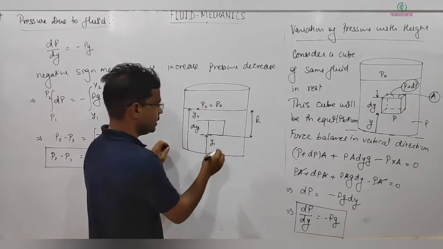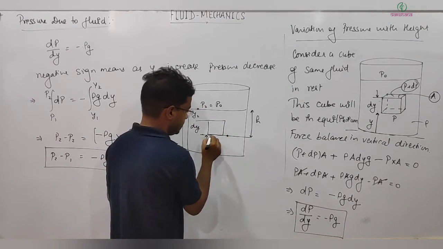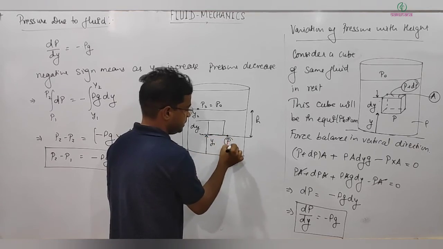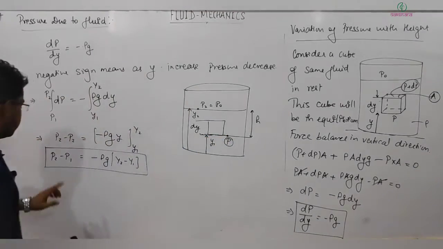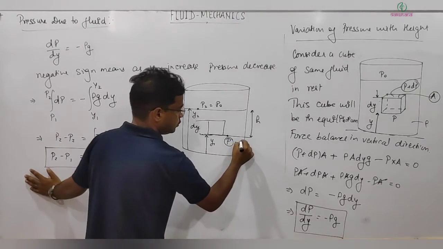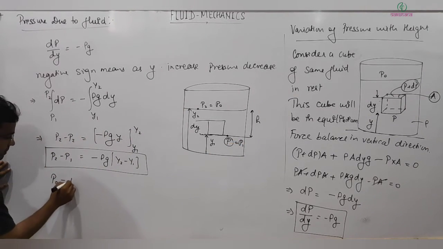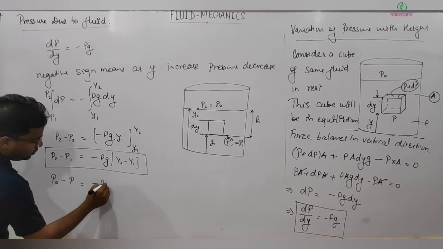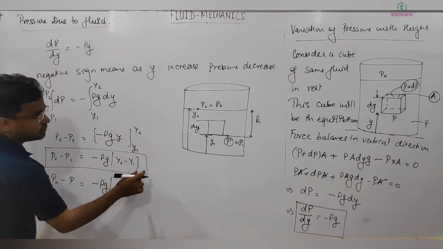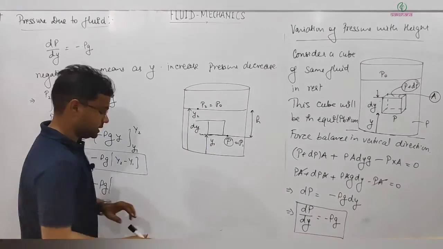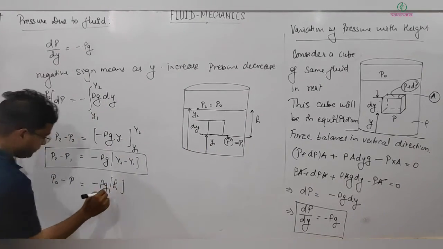And let's say here this pressure is p. Substituting, p1 is equal to p, p2 is equal to p0, so p minus p0 equals minus rho G times y2 minus y1, and y2 minus y1 is h.